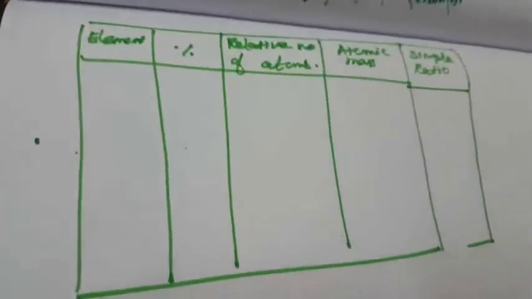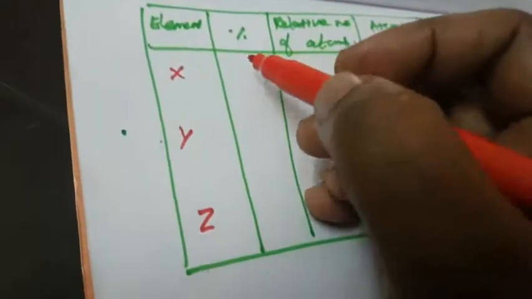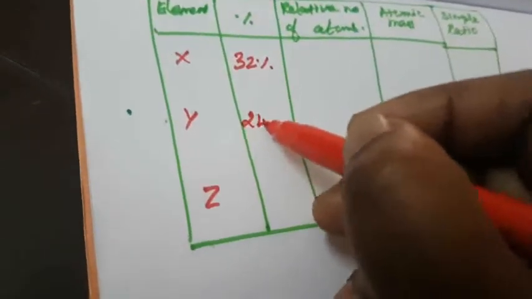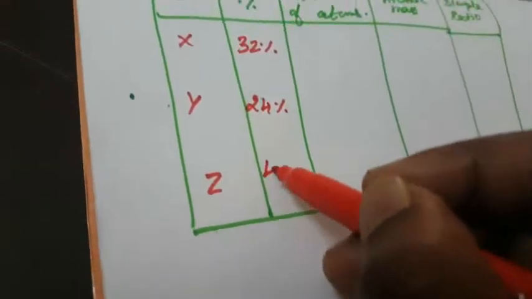The three elements given are X, Y and Z. For X the percentage given is 32%, then 24% and 44%.